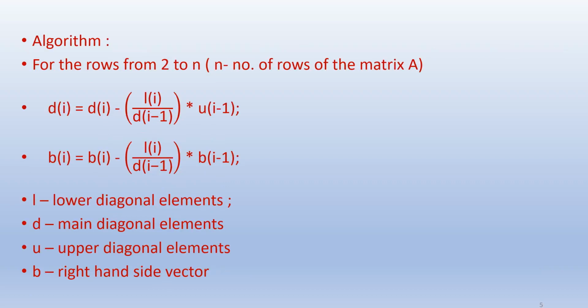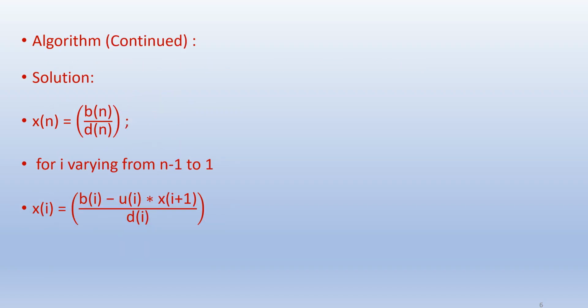The algorithm is represented over here, where D represents the main diagonal elements, L the lower diagonal elements, U the upper diagonal elements, and B represents the right hand side vector. And this is the algorithm for obtaining the solution.